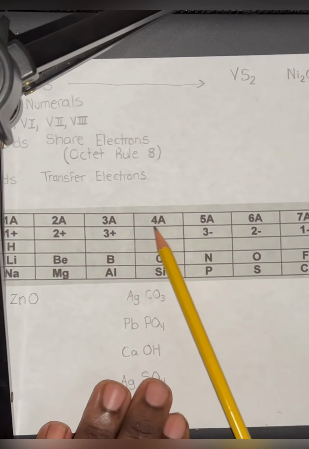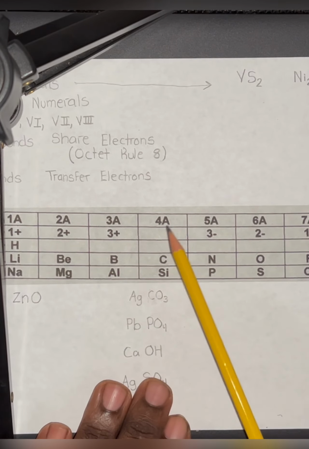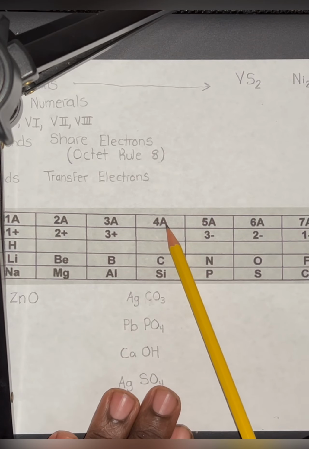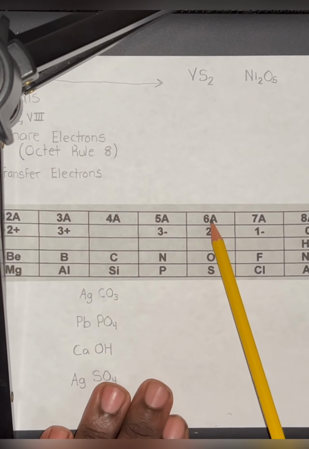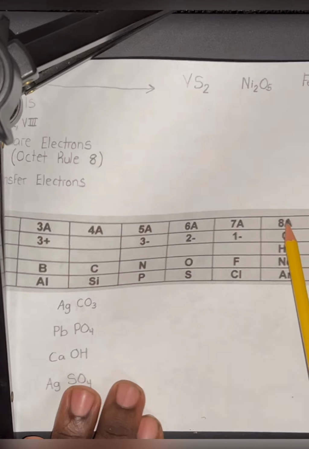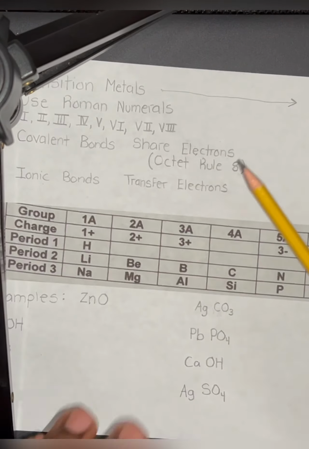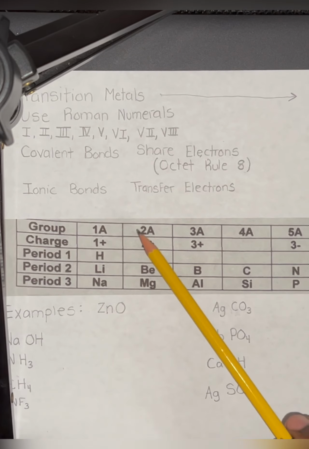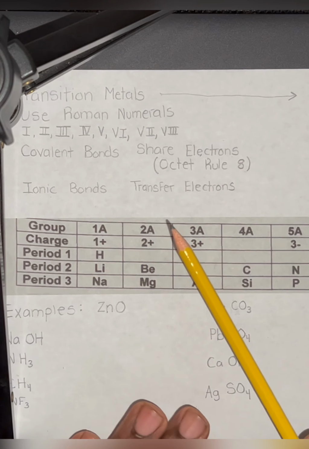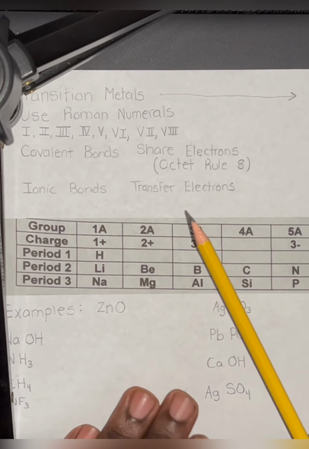Then you skip over the middle part where the transition metals are. You have 4A, 5A, 6A, 7A, and 8A. So the groups have the number of valence electrons and charges.